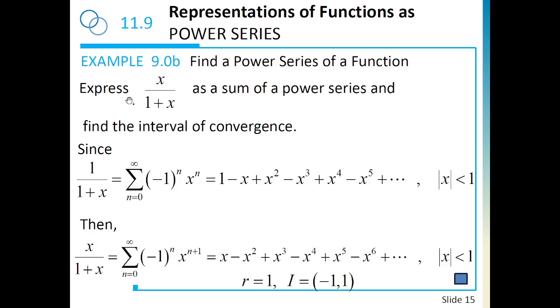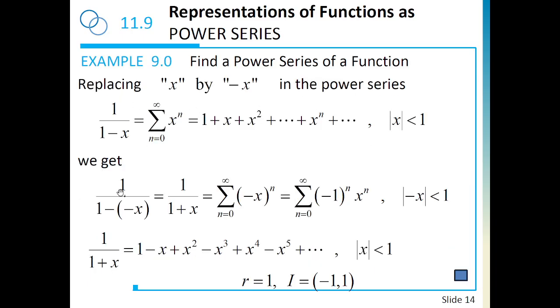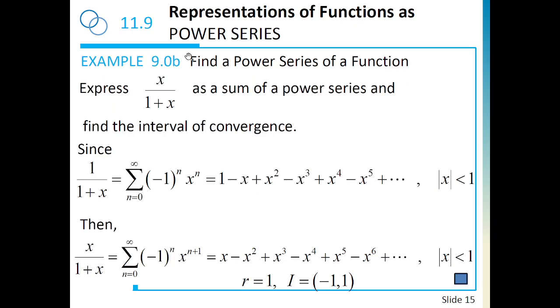So this is another variant. So we had our series 1 over 1 plus x. We found the expression. Now what we do is we multiply everything by x. So essentially we use the series that we just got previously, the alternating version of our reference series, and we multiply everything by x. So we essentially multiply every term by x.